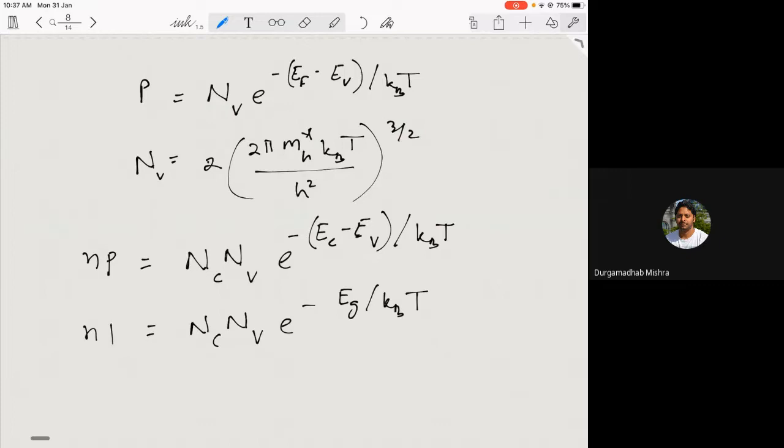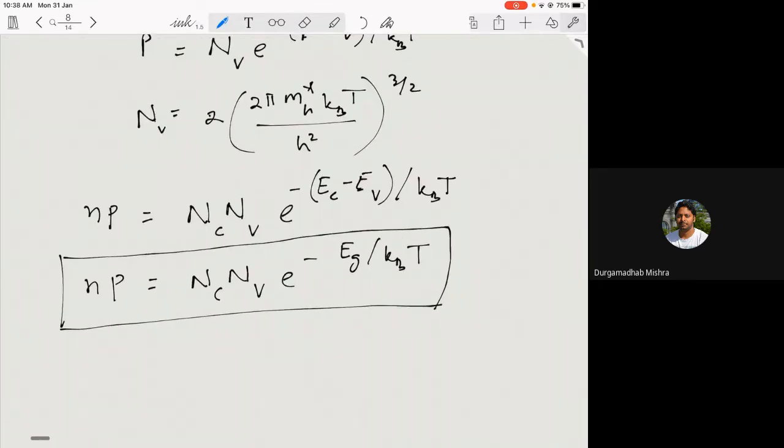So the product of the number of electrons and number of holes at thermal equilibrium depends on the effective density of states in the conduction band, the effective density of states in the valence band, and depends exponentially on the band gap. So there is no Fermi level involved here, like in metal.